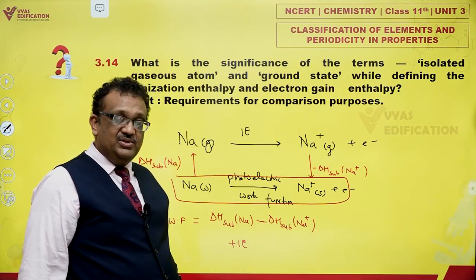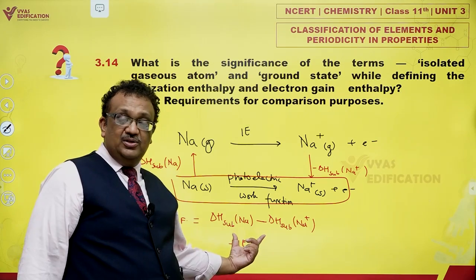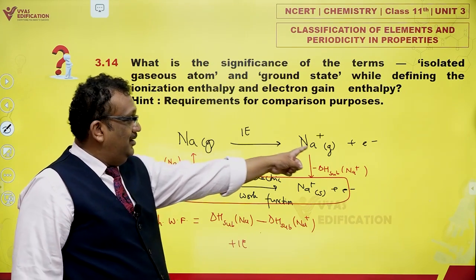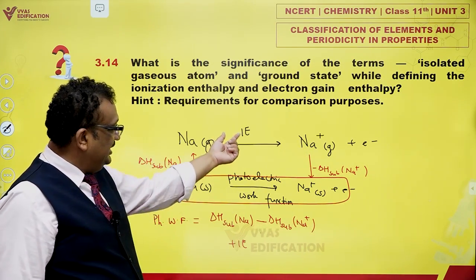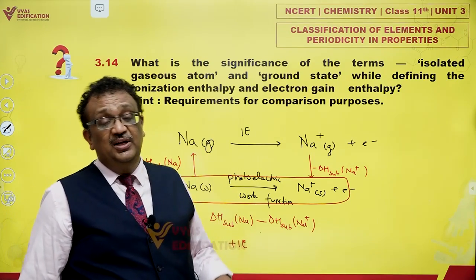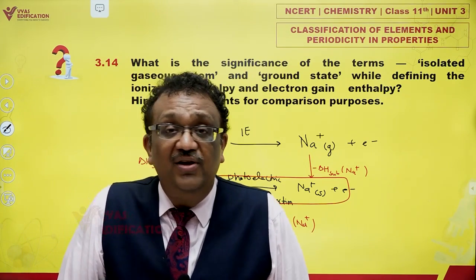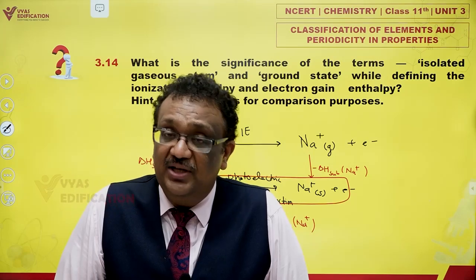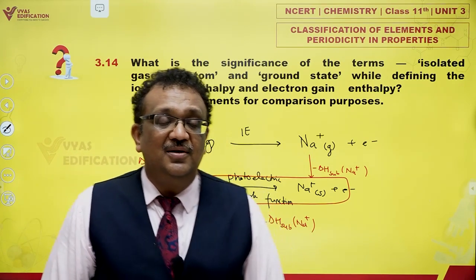Since this is not zero, both these entities, photoelectric work function and ionization energy, could very well be different. And yes, indeed they are quite different.